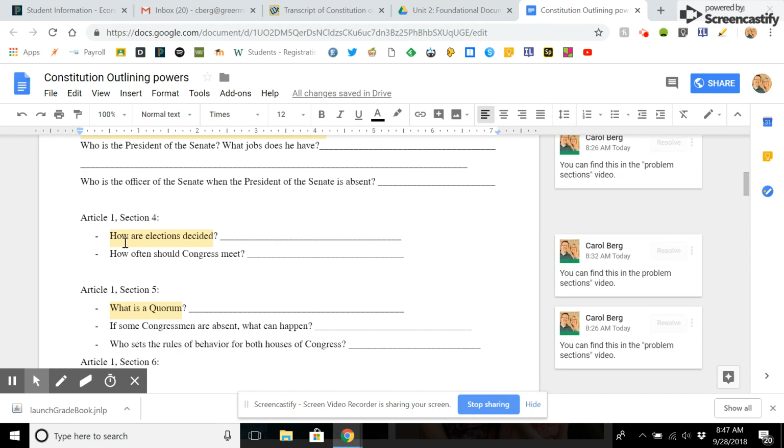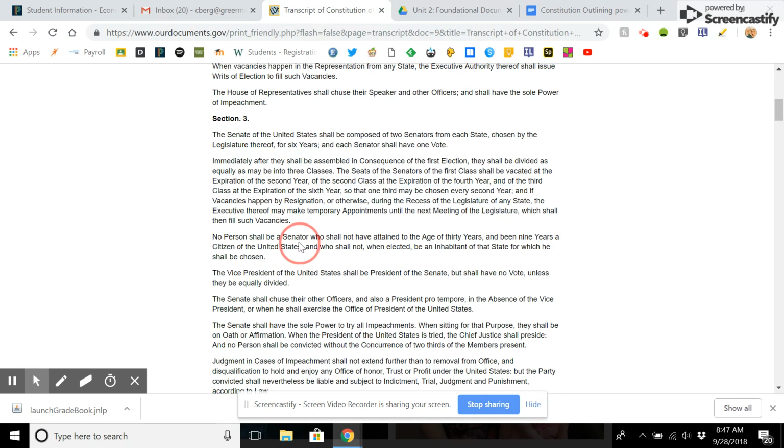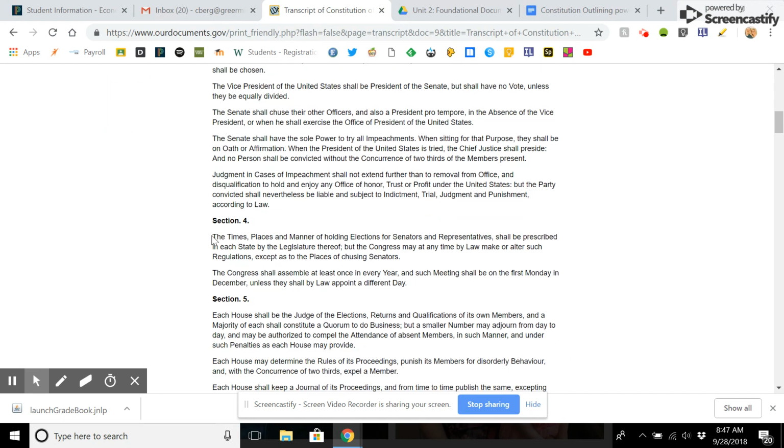All right, next problem. How are elections decided? You're going to find this in Article 1, Section 4. If we go down to Article 1, Section 4, right here, the times, the places, the manner of elections shall be prescribed. What does that mean? It means decided in each state by the legislature thereof.